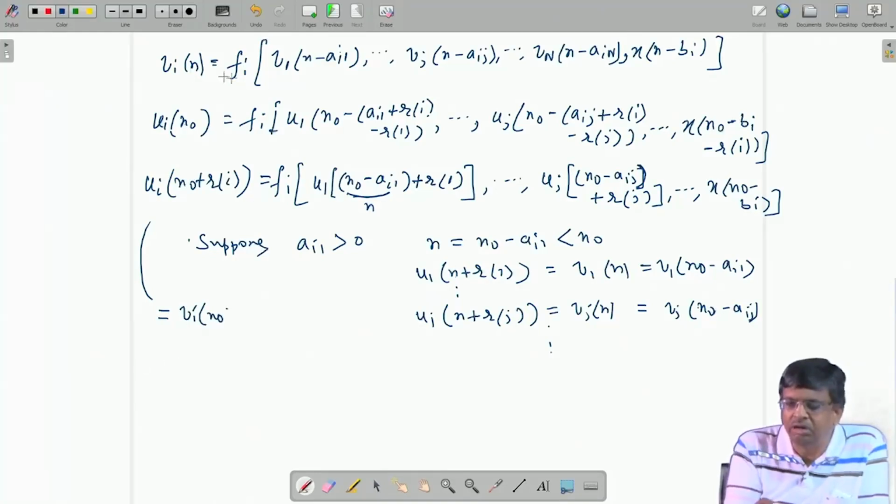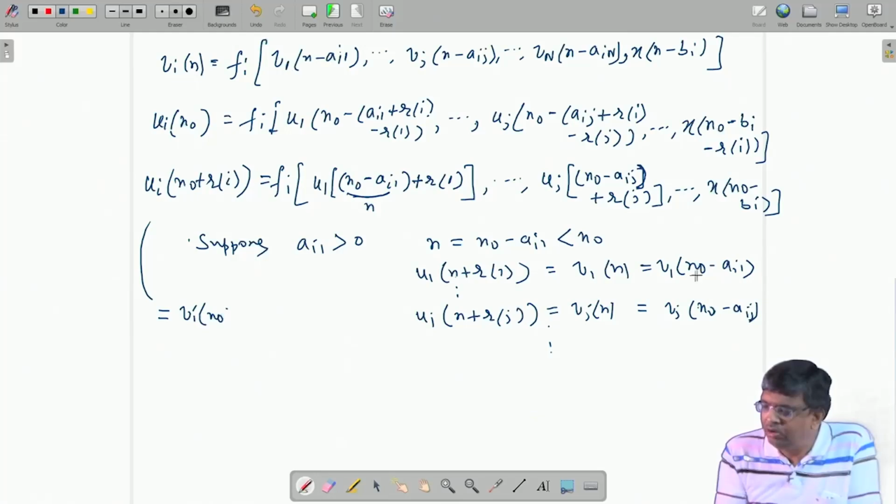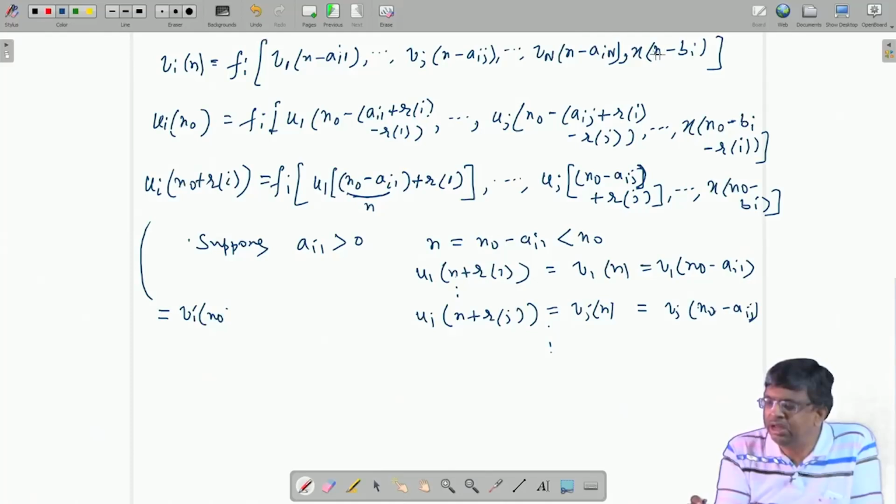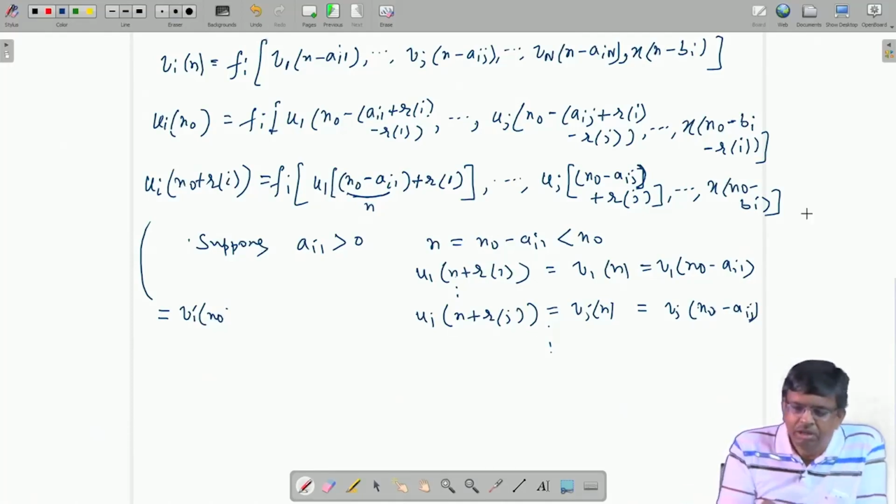If you put n naught here, fi of v1 at n naught minus ai1, vj at n naught minus aij, dot dot dot, x at n naught minus bi. Okay. So, this relation is valid at n equal to n naught also, that is ui, if from n naught it is advanced by ri, will be the same as vi at n naught only.